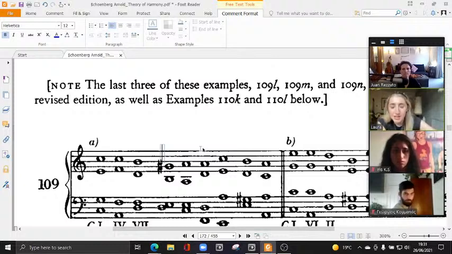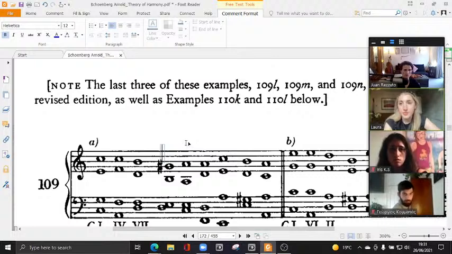And then 1, in A. Yes, A. In which position? Second inversion. These things are very important: in which inversion it is. In second inversion.